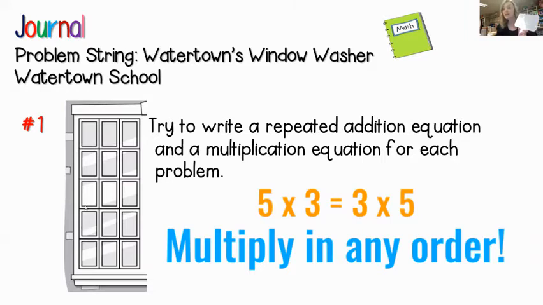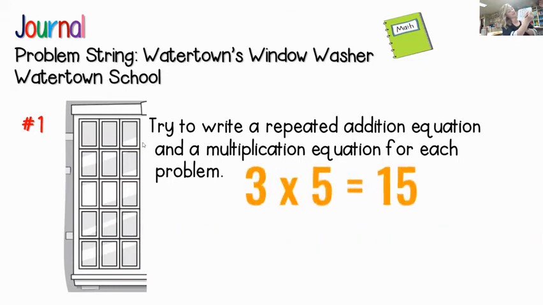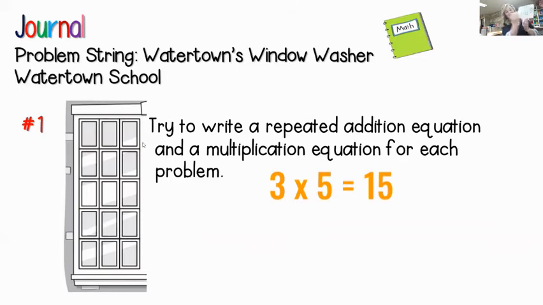And then I see going across, there are 1, 2, 3. So 3 columns of 5, or 5 rows of 3. So this array, we'd go down and then over. So this one would be 5 times 3, which is equal to 15.